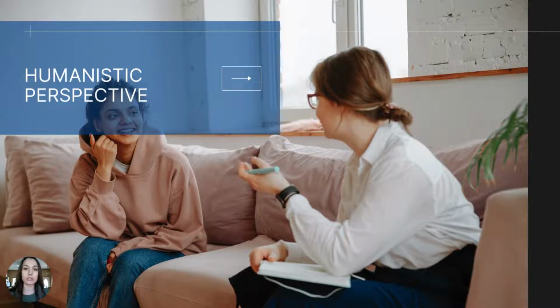Think about the evolutionary psychologist who is going to explain our behaviors as a consequence of adaptations for survival, or the biological psychologist who is going to think about our behaviors as influenced by our brain chemistry. A humanistic psychologist is going to believe that we have the power to make those changes in our own lives, that we have the power and potential for growth and self-actualization.